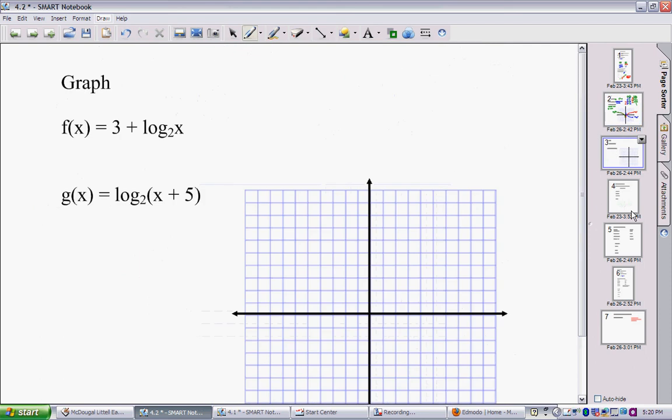So once again, we're going to be doing some more graphing. Our base graph is going to be log base 2 of x. So put that on there.